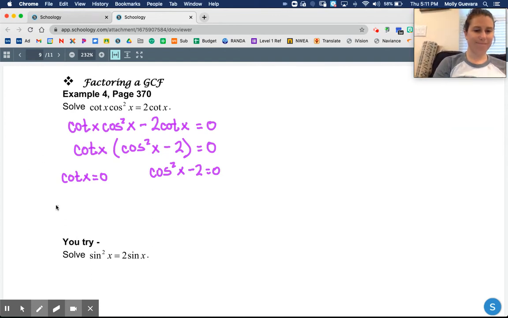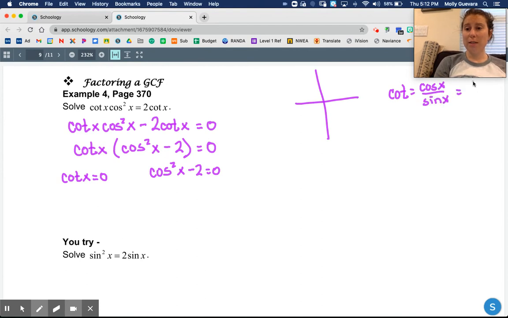Cotangent is 0, which means that the x coordinate has to be 0, right? Cotangent is equal to cosine over sine, so it has to be 0 over sine. So the cosine value has to be 0. Well, the cosine value is only 0 here at pi over 2 and here at 3 pi over 2.